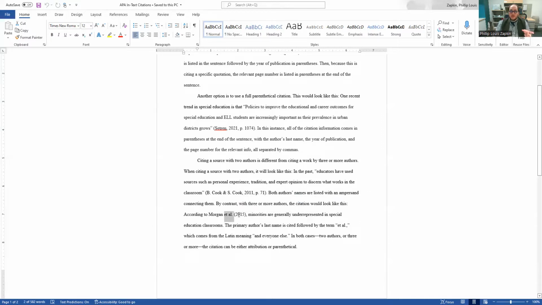And because I'm doing this as attribution, according to Morgan et al., it's followed up in parentheses by the year of publication. The other thing worth noting here is because this sentence is a general summary of what this article does rather than specific information that comes from a particular page, I don't have a page number included.